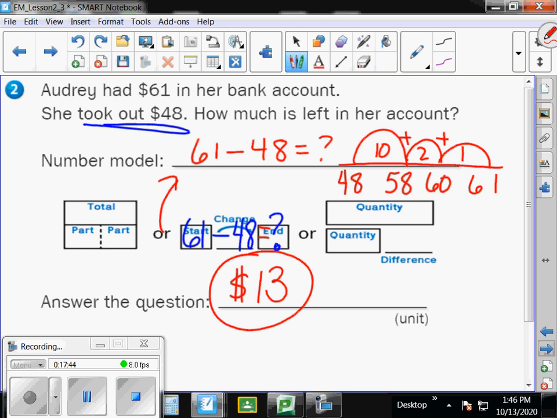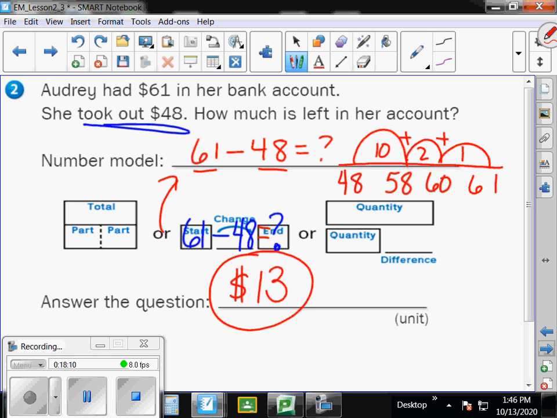Now I want to know if that makes sense. Okay? Maybe the number one mistake boys and girls do is they'll just take these two numbers and they might do the wrong operation. They're supposed to subtract and maybe they added. Or they're supposed to add and then they subtract. So what would have happened if I would have added 61 and 48? I would have gotten a big number, right? More than 100.